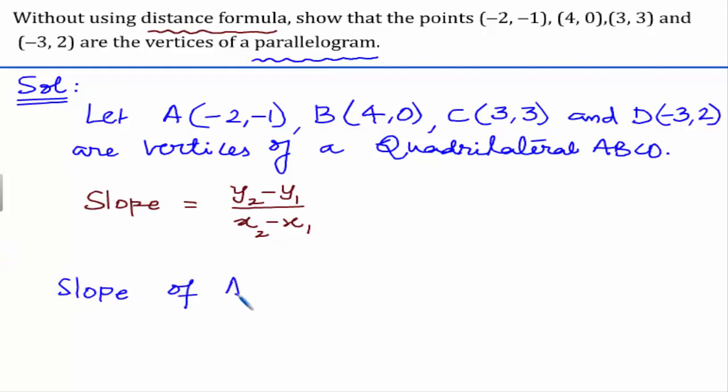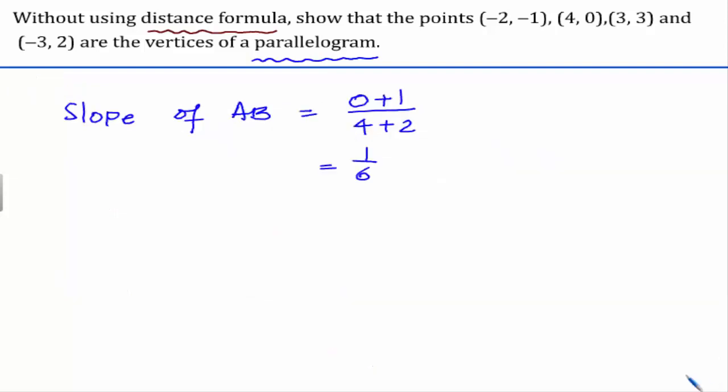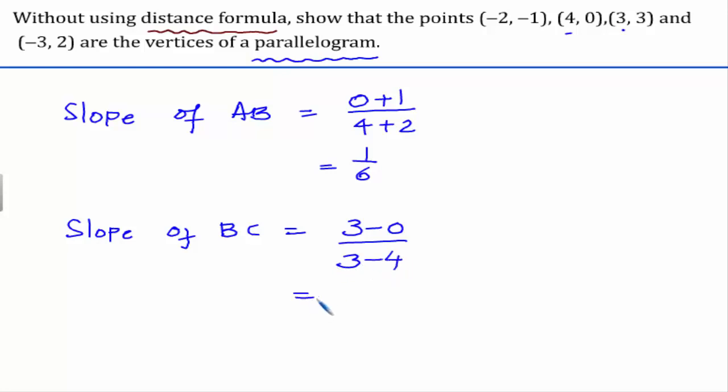Slope of AB, this will be (0 plus 1) by (4 plus 2), which is 1 by 6. And similarly, slope of BC, this is B and C are here, so (3 minus 0) by (3 minus 4), which will give us minus 3.